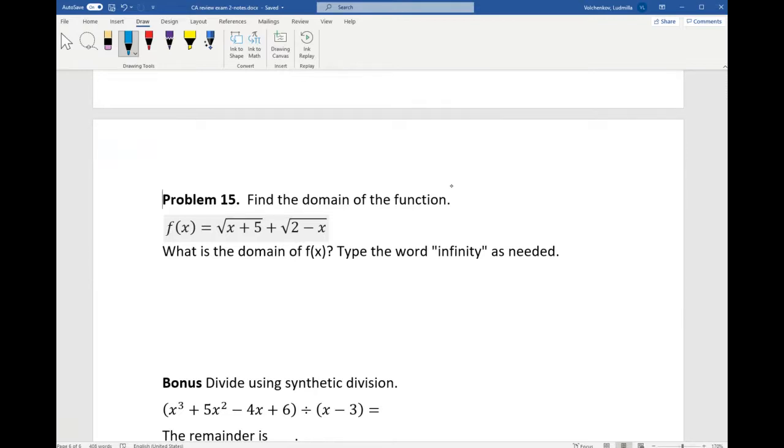A square root is defined when the expression under the square root is non-negative. Why exactly? Not positive, non-negative.